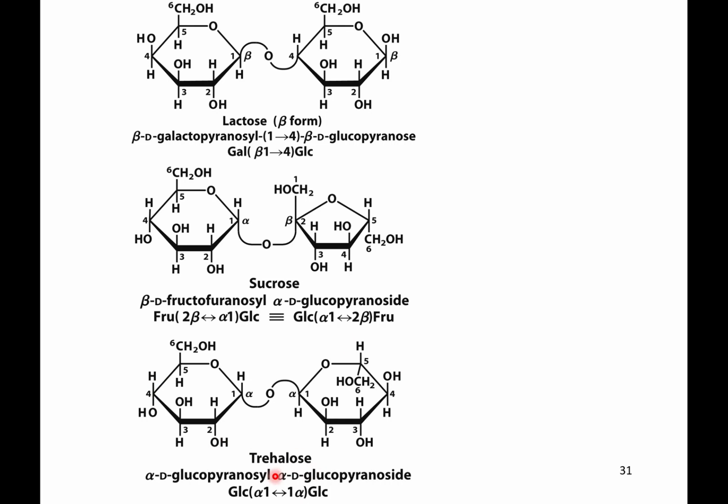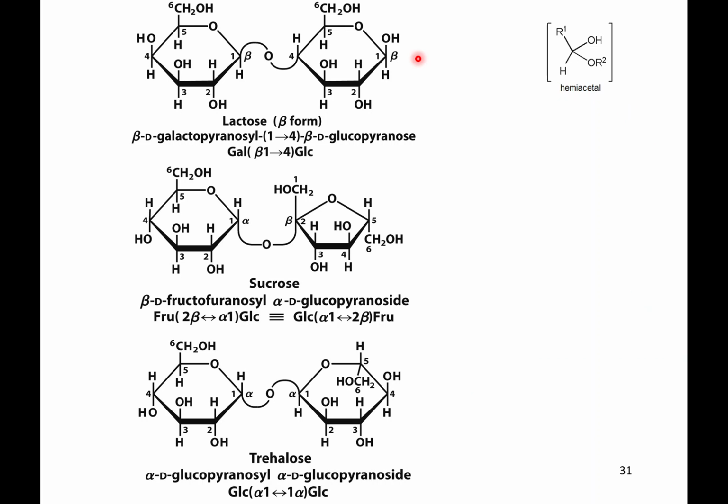Finally, trehalose is a non-reducing disaccharide between two monomers of glucose, and they're joined by an alpha 1 to alpha 1 glycosidic bond.